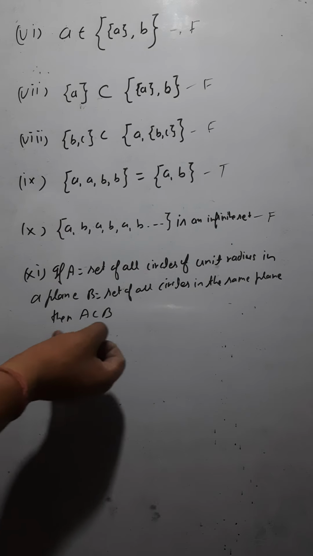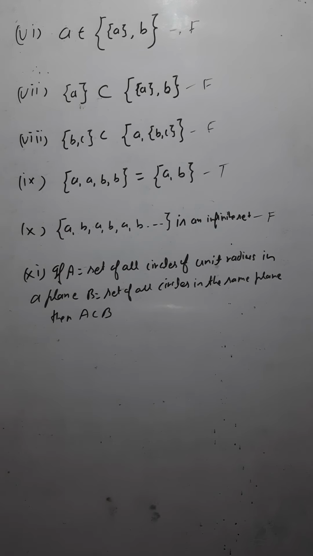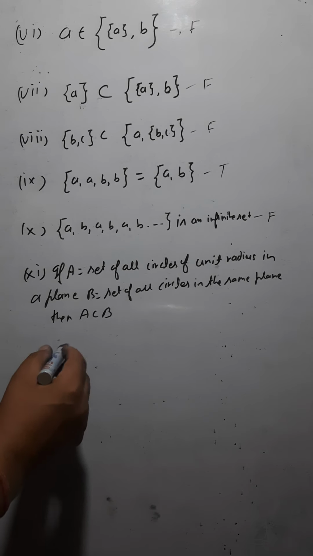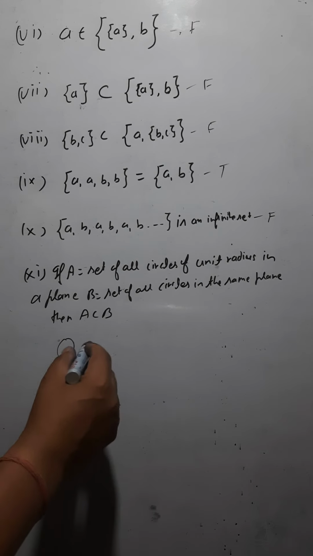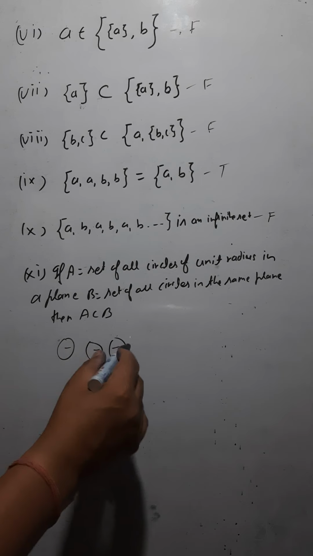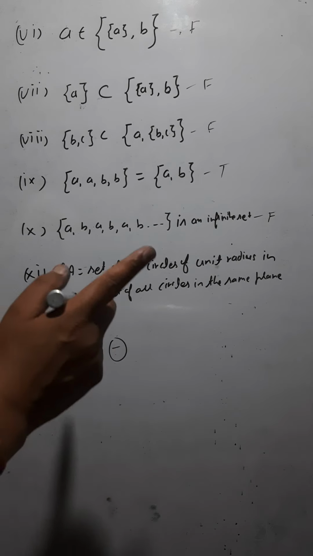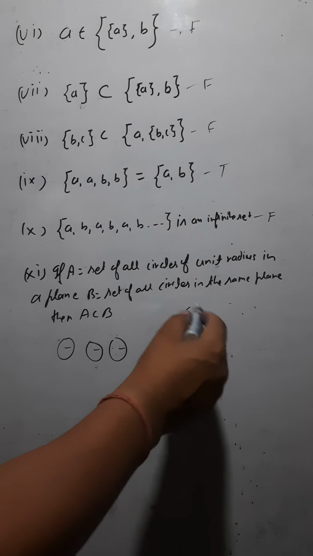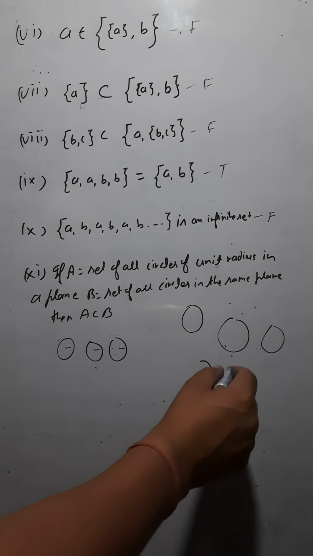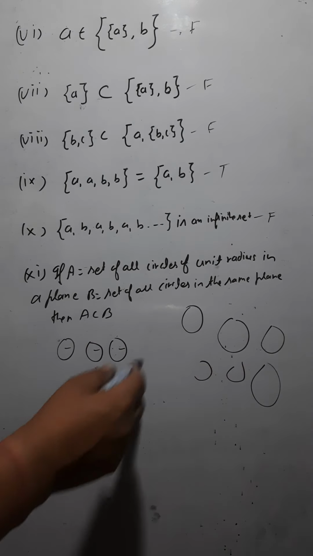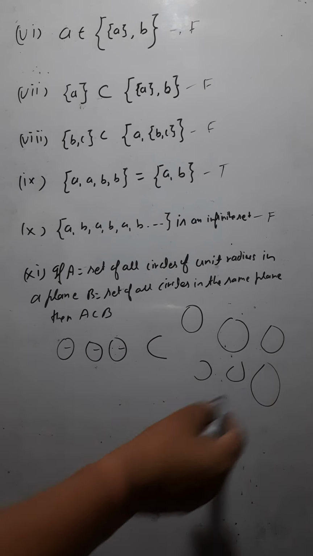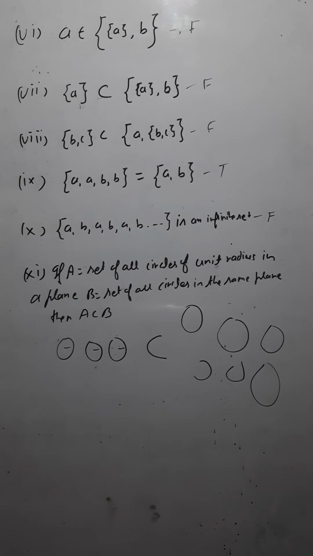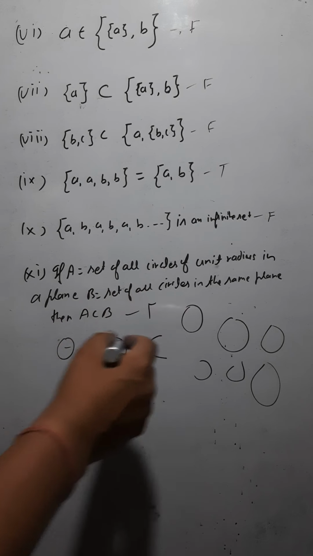Can you say that A is a subset of B? Yes, because set A contains all the circles having unit radius, and set B contains all types of circles, unit ones, big ones, small ones. So the set A is a subset of B. So this statement is a true statement.